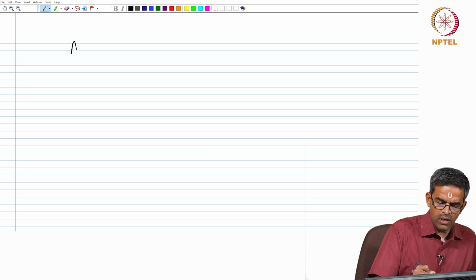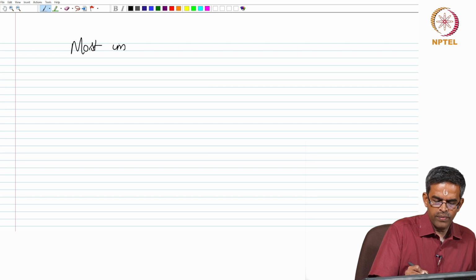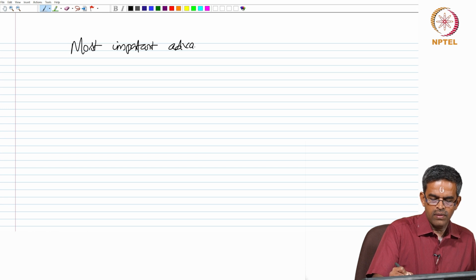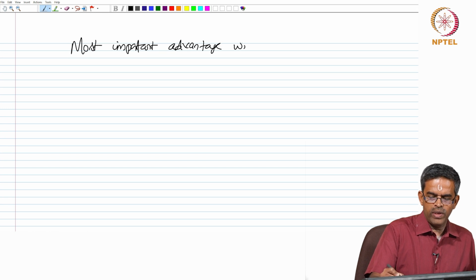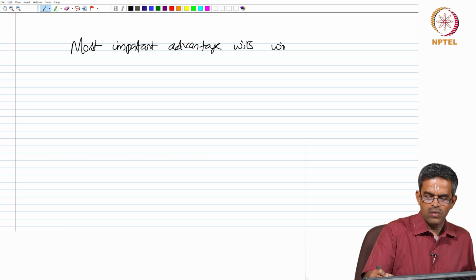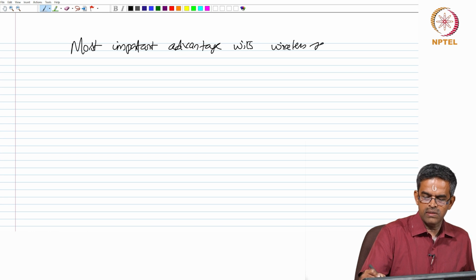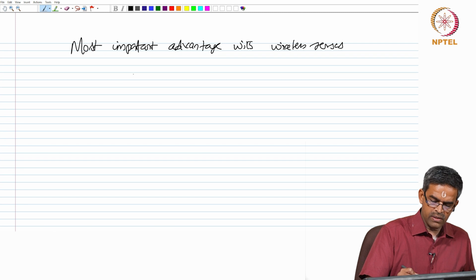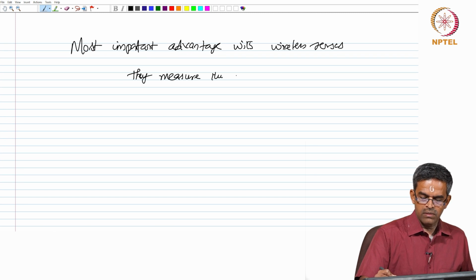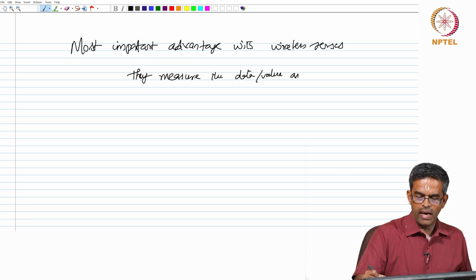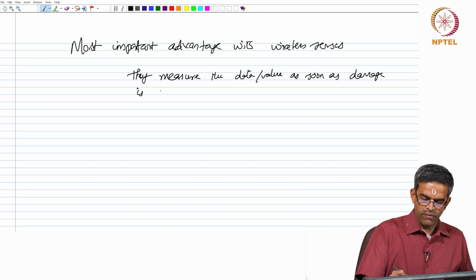The most important advantage we have now with wireless sensors is that the data or the value is available as soon as damage is identified.